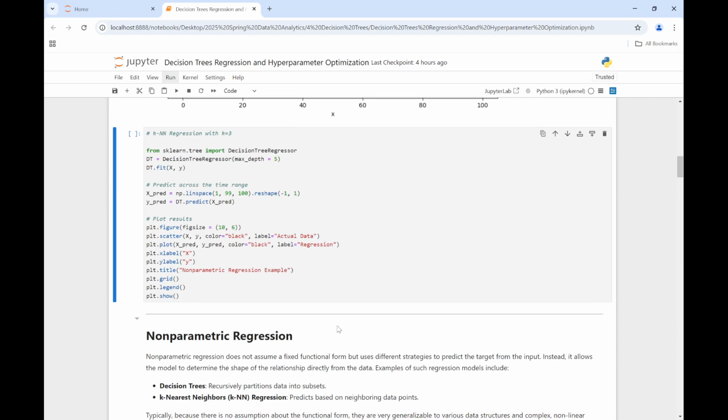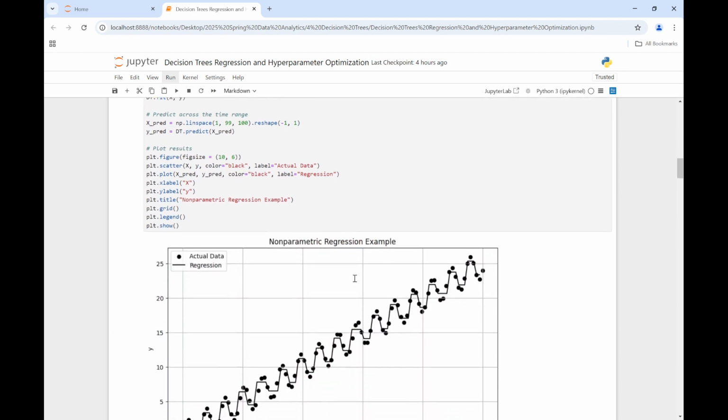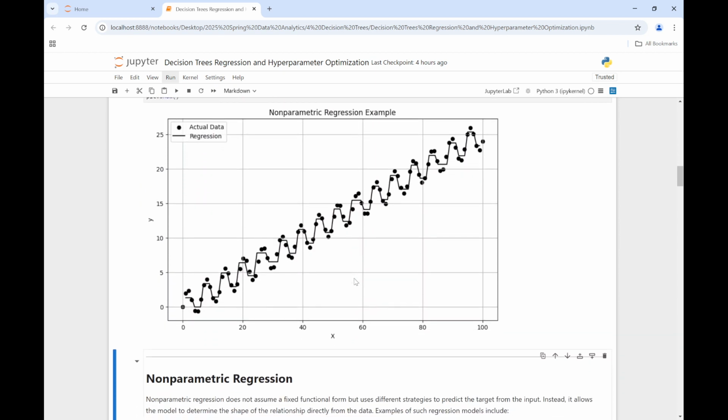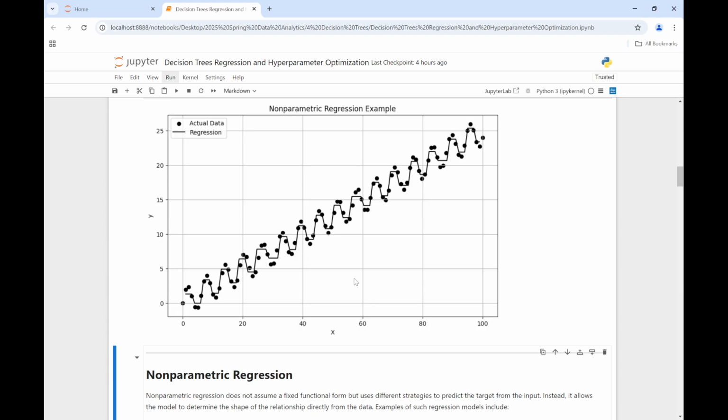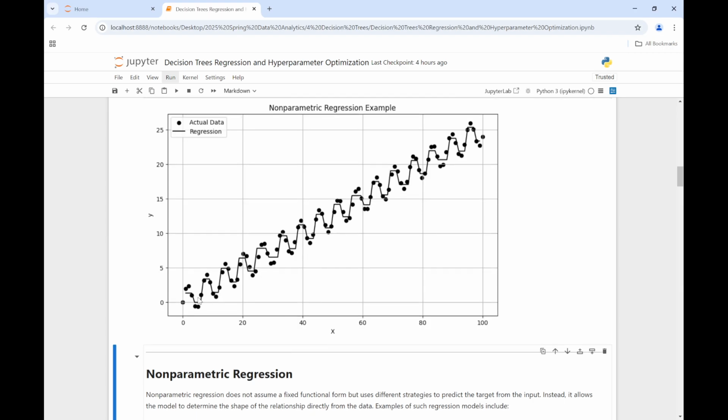I'm specifically going to be using a decision tree regressor, and when I run this and fit this to the data set, we're going to be getting a model fit to the data. And in this case, we can actually see the cyclicity embedded within the data.